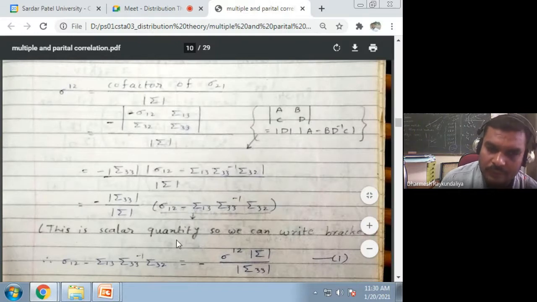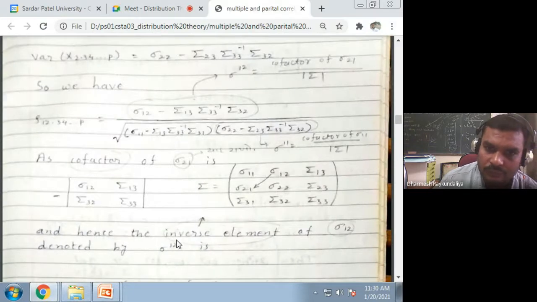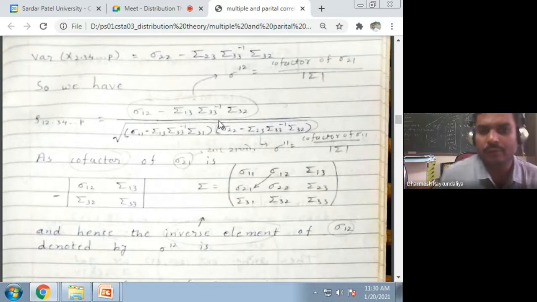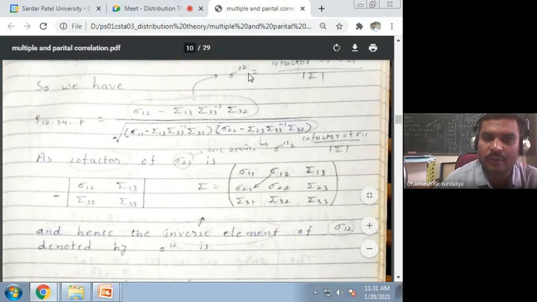It is nothing but our covariance. Whenever here it is sigma 1 2, it means that I have to use the inverse of sigma 1 2, and to obtain the inverse of sigma 1 2 I have to use the cofactor of sigma 2 1.